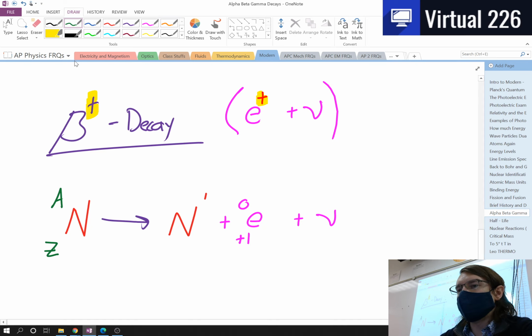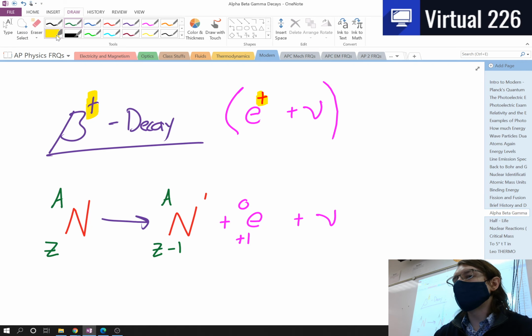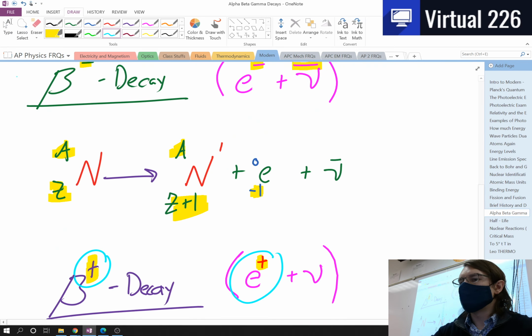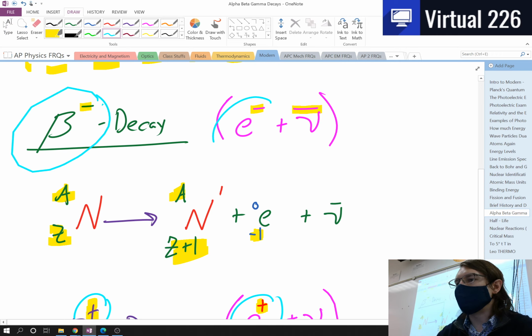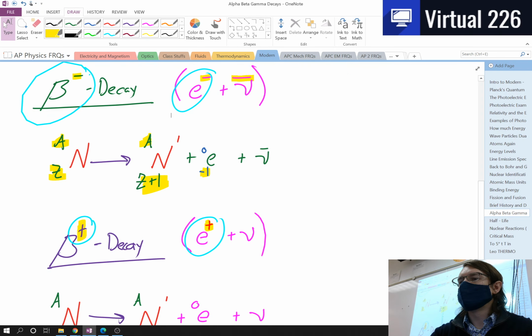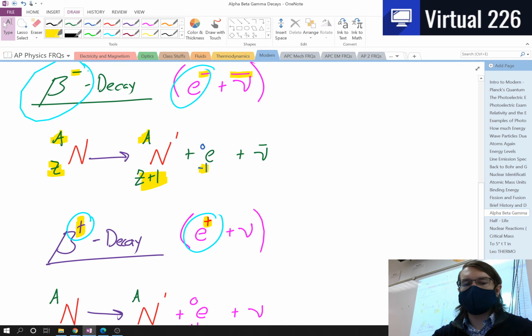So now, if we wanted to conserve charge, atomic number, and atomic mass number, this is going to be Z minus 1 and A. Pretty straightforward in terms of balancing these equations here. The important thing to recognize, just to help you remember this, is that the beta plus has a positive electron. The beta minus decay, which we see up here, has a negative electron, or a proper electron. So just a slight difference right there.